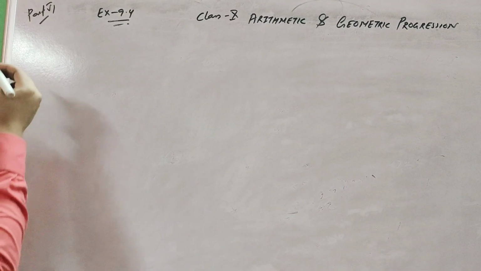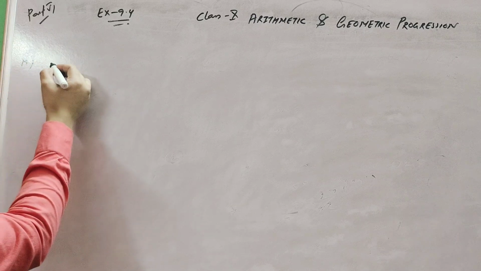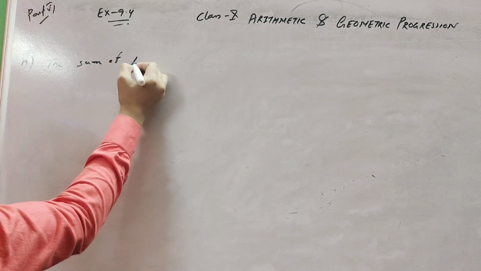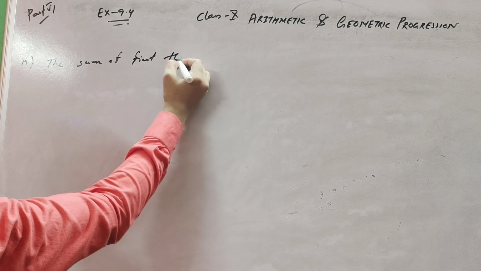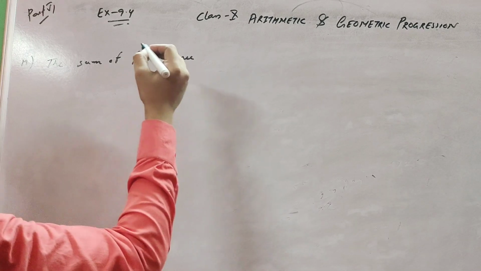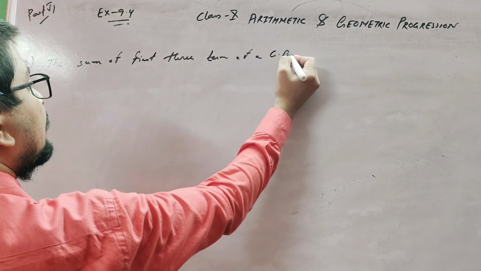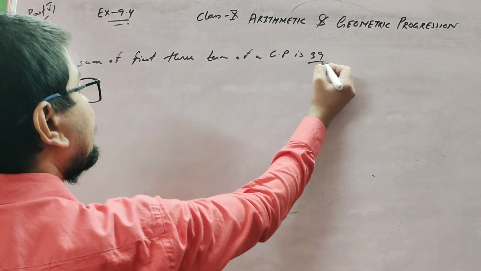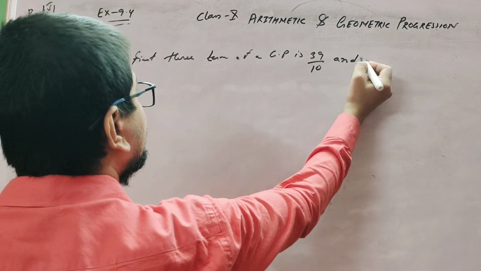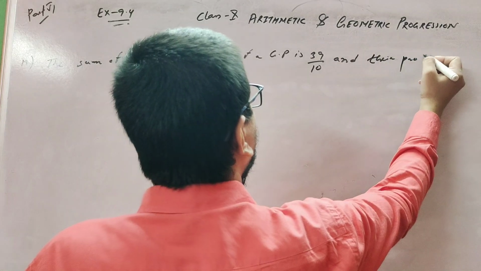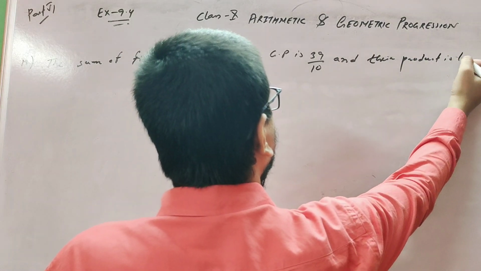Okay, question number 19. The sum of the first three terms of a GP is 39 by 10 and their product is 1.